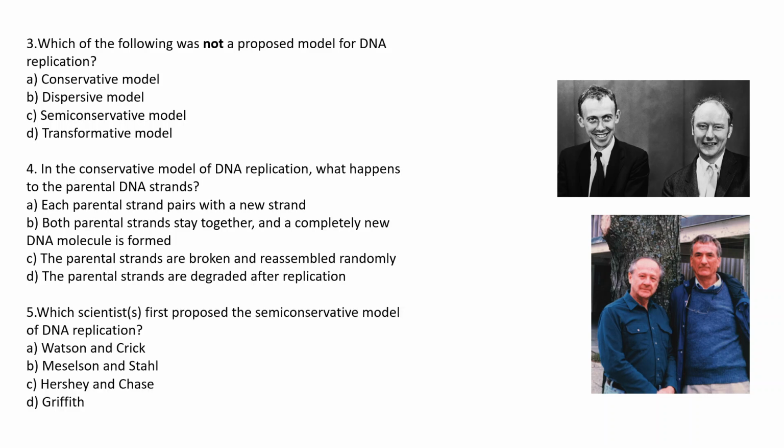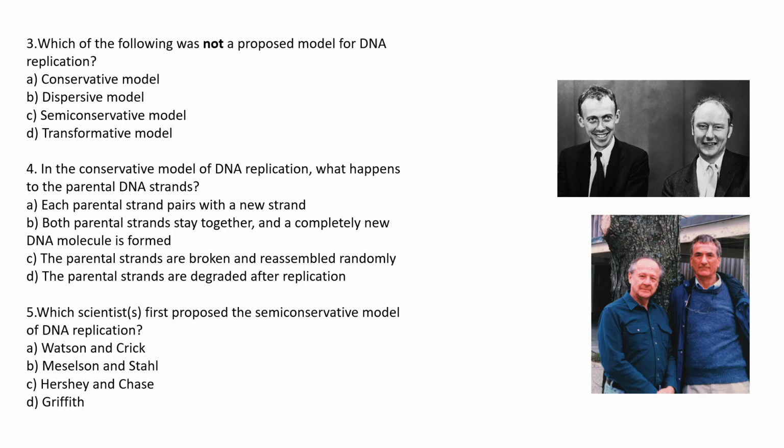And finally, which scientist first proposed the semi-conservative model? Option A. Hmm. Option B. So the answer is option A, actually. It was Watson and Crick who initially posited this when they didn't have completely irrefutable experimental proof like this experiment.